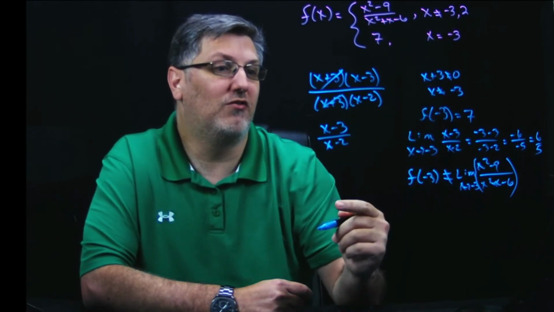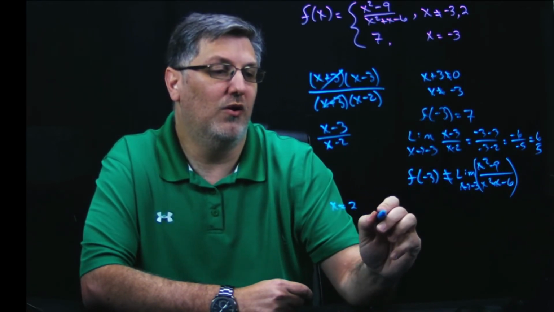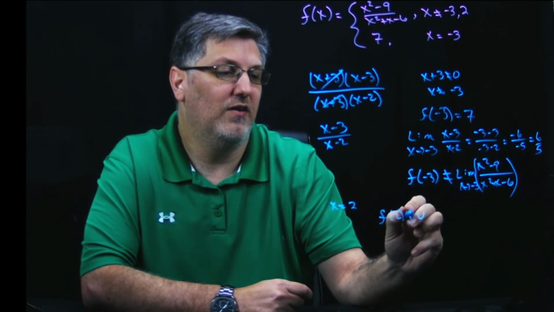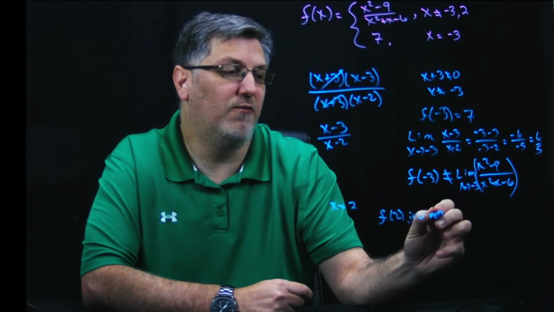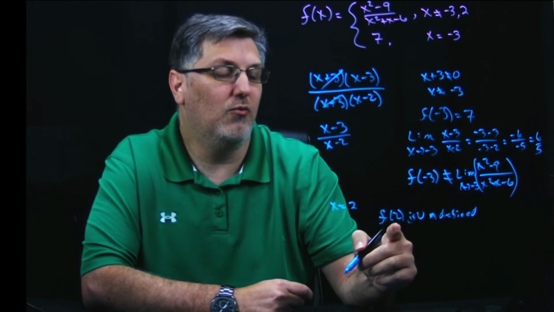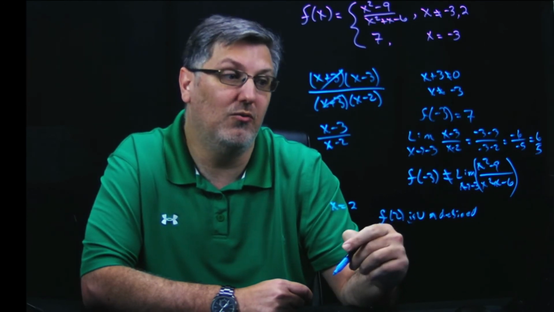The other one's pretty straightforward. x cannot equal 2. f of 2 is actually undefined, and that is the very first requirement of continuity. So we have an x value that's undefined, so it's not continuous at 2 and at -3.